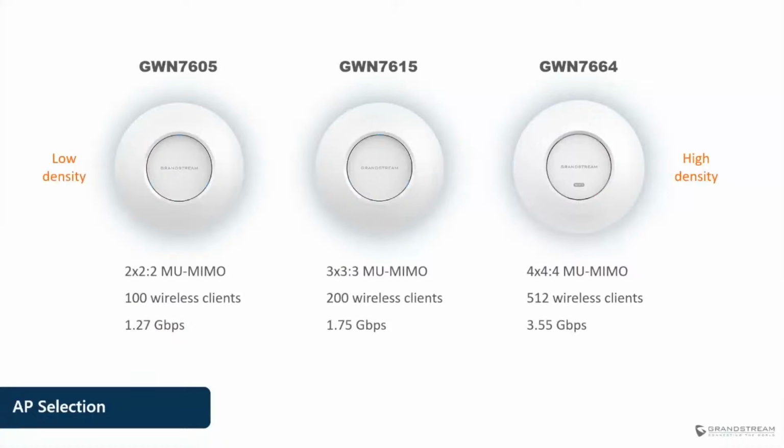And for high density requirements, we have the Wi-Fi 6 capable GWN7664, which has four spatial streams with an aggregate throughput of 3.55 Gbps, and this model can handle up to 512 concurrent clients.